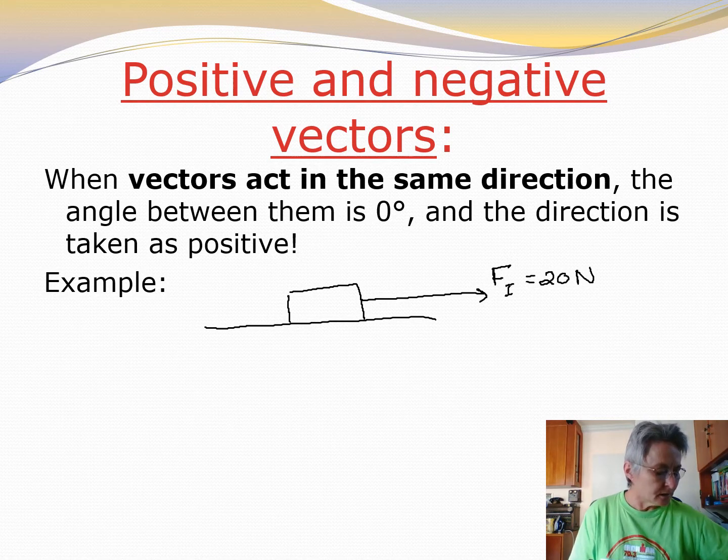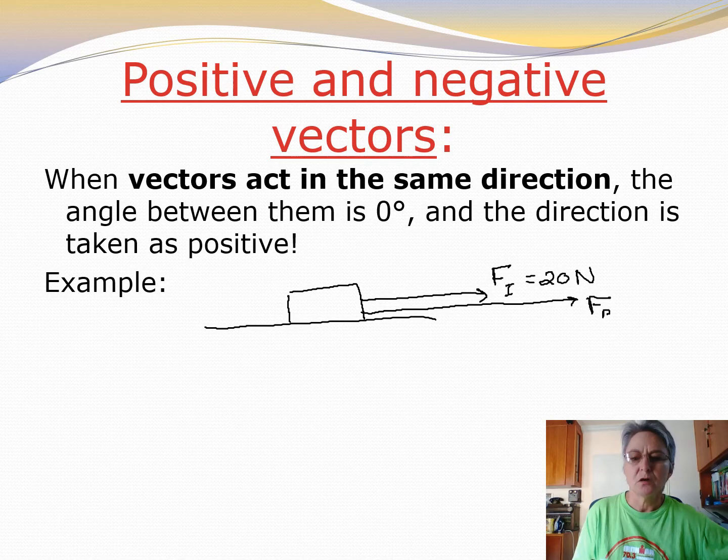Rafat sees that his friend is struggling and so helps by pulling with a force of 50 newtons to the right. So he joins and he pulls with a force of 50 newtons. Now these forces are acting in the same direction.